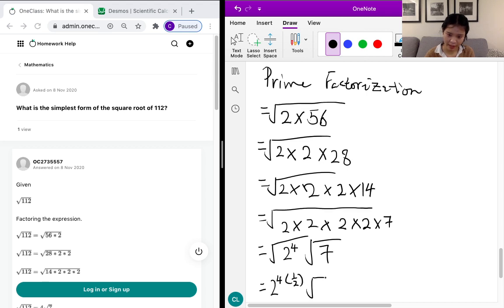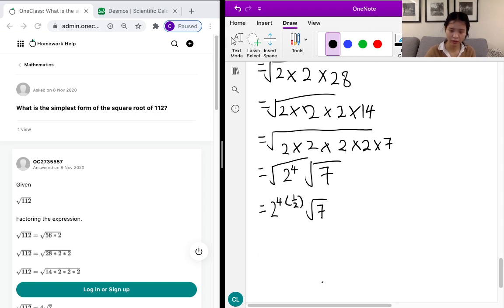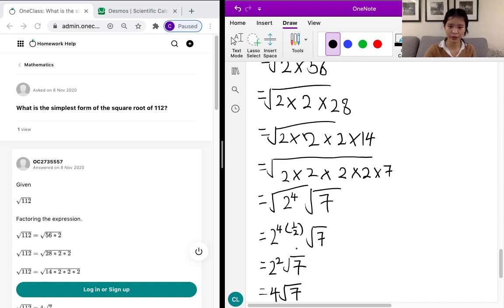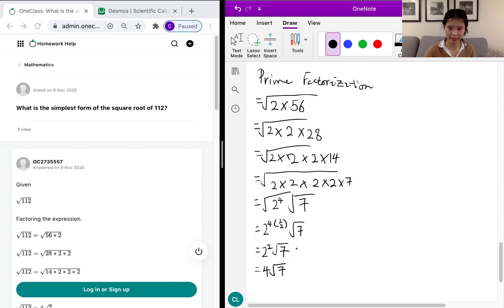So we have 2 to the power of 4 times 1/2, which is 4 over 2, or 2. So our result is 2 to the power of 2, or 2 squared, root 7, which is 4 root 7. And that is the simplest form of the square root of 112.